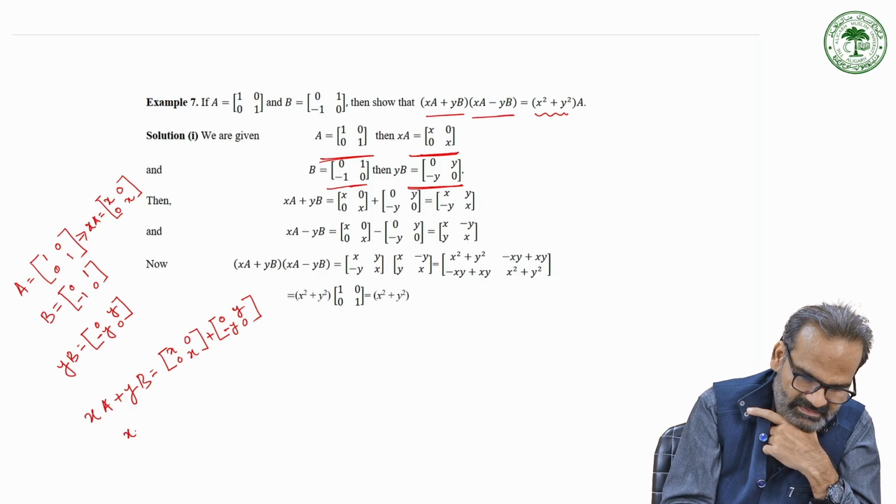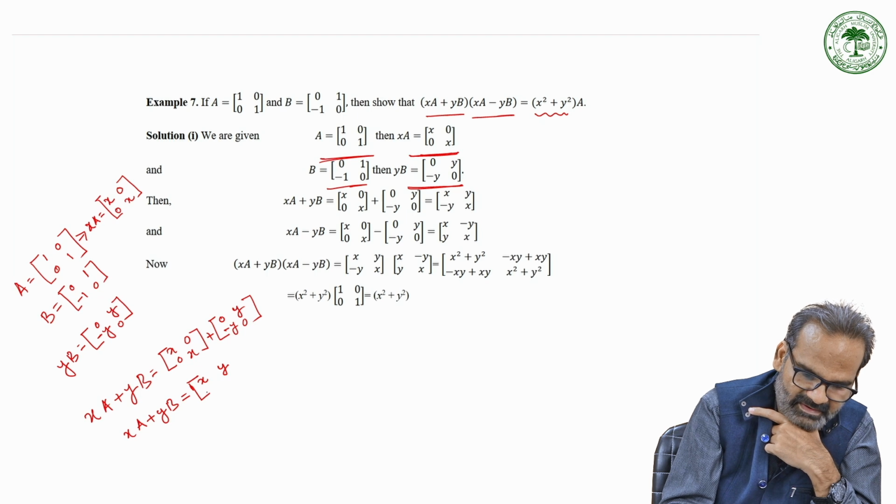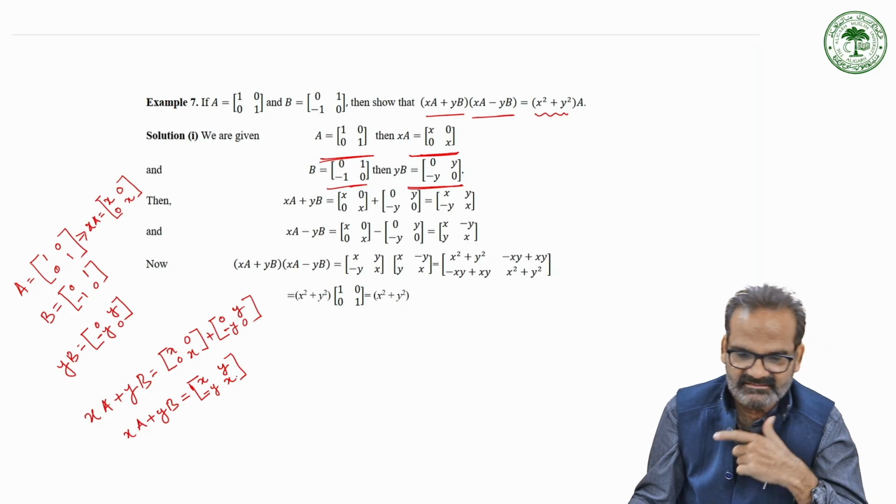Add up these two. XA plus YB, this is equal to what? X plus 0 is x, 0 plus y is y, 0 minus y is minus y, and x plus 0 is x. Clear? Up to here it is clear.